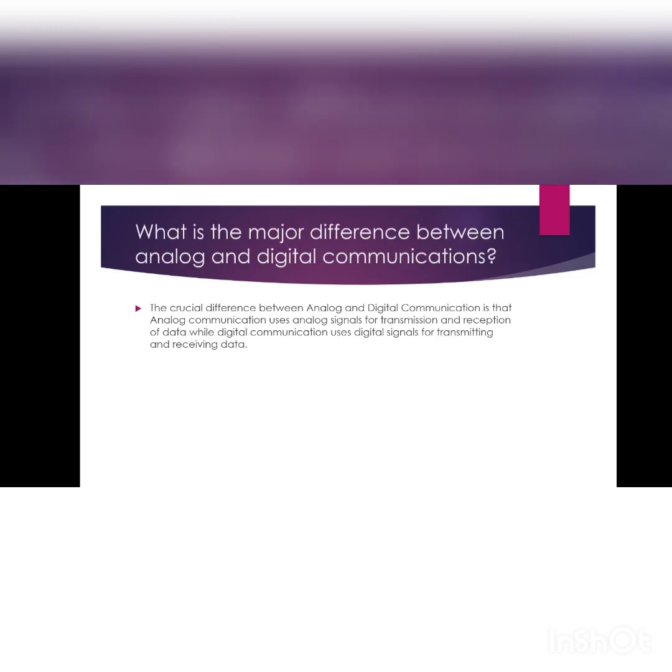What is the major difference between analog and digital communication?